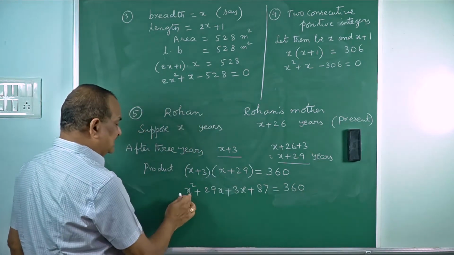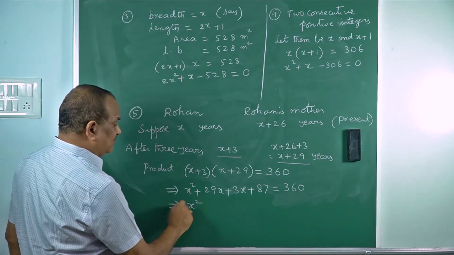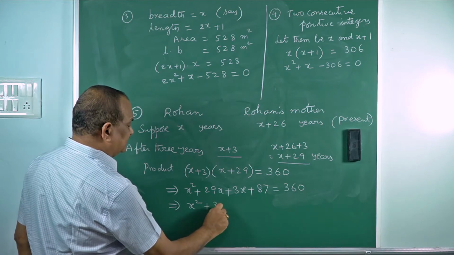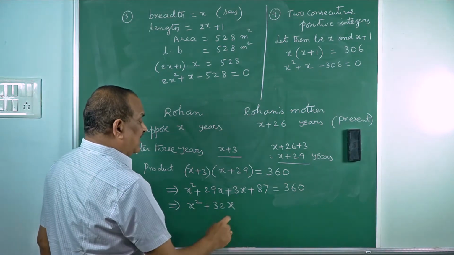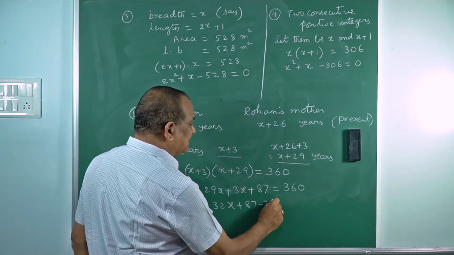Now consolidate this. x square you have here, then 29 plus 3, 32x, and you have an 87 here. Bring that 360 this side, minus 360.